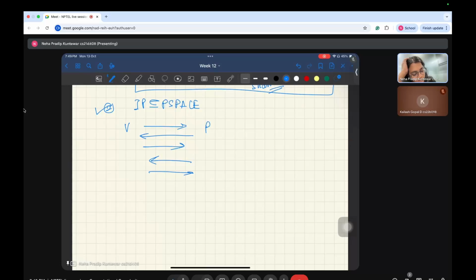So the idea is that we want to simulate the verifier in PSPACE. If the verifier were deterministic, then the branching corresponds only to the choices of the prover. Say the verifier asks a certain query to the prover.